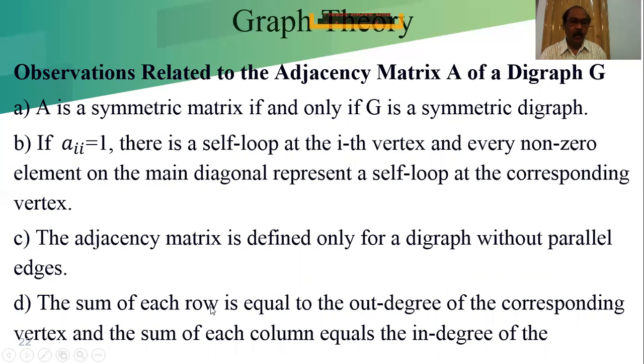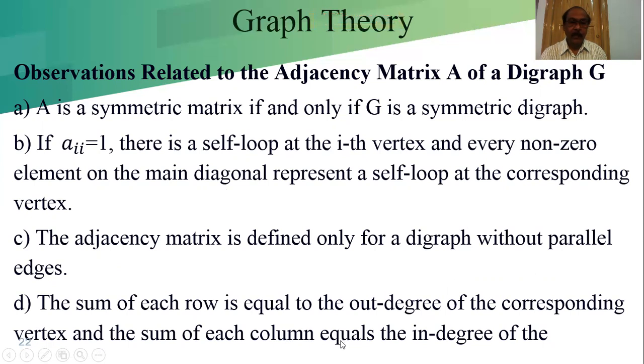The sum of each row, that is the number of ones, is equal to the out degree of the corresponding vertex, because we are considering connection from Vi to Vj. So the out degree of a vertex we can calculate.